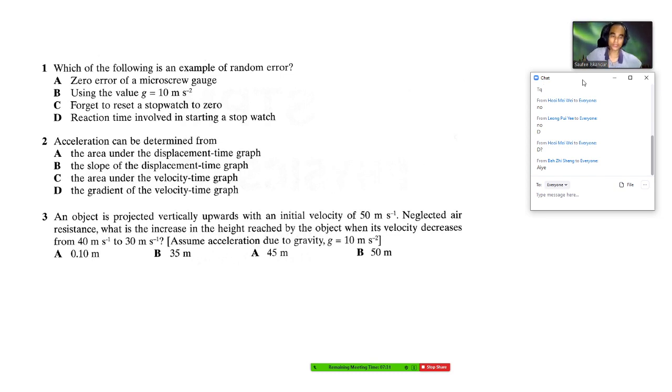Random error is the error made by yourself. Yes, reaction time. Our reaction time is not certain, right? Reaction time involved in starting a stopwatch is a random error.